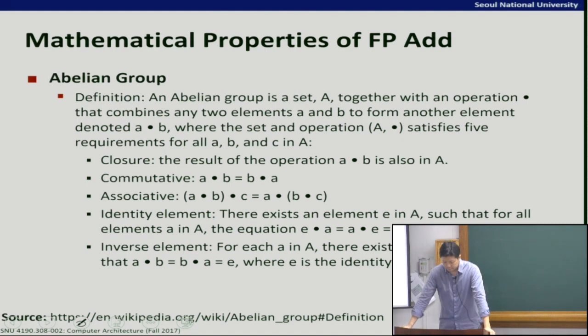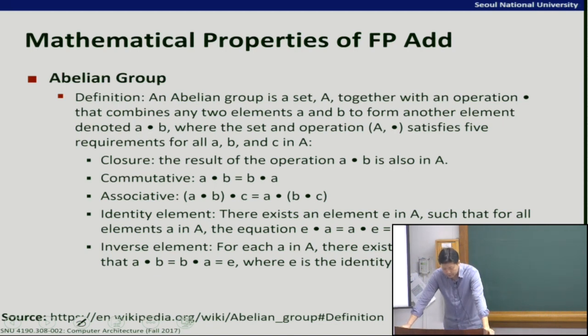If this set and operation satisfy the following 5 requirements for all possible A and B and C, then it's called an abelian group. So there's a set and there's an operation, and this operation takes 2 elements as input and generates 1 output element. It's like a mapping, right? And if that mapping satisfies all these 5 properties, then that's called an abelian group.